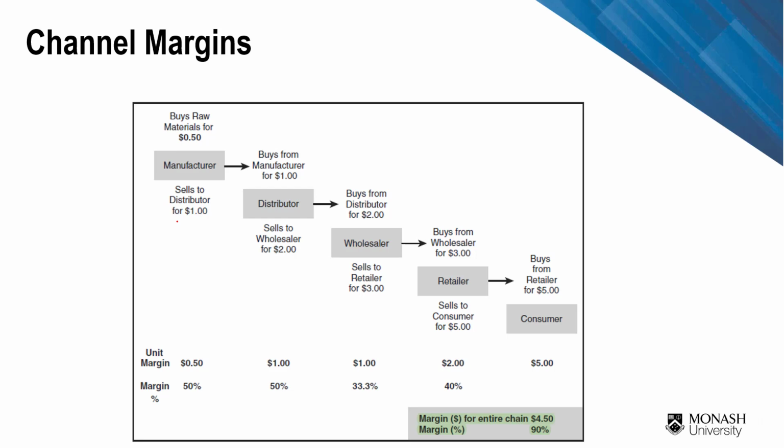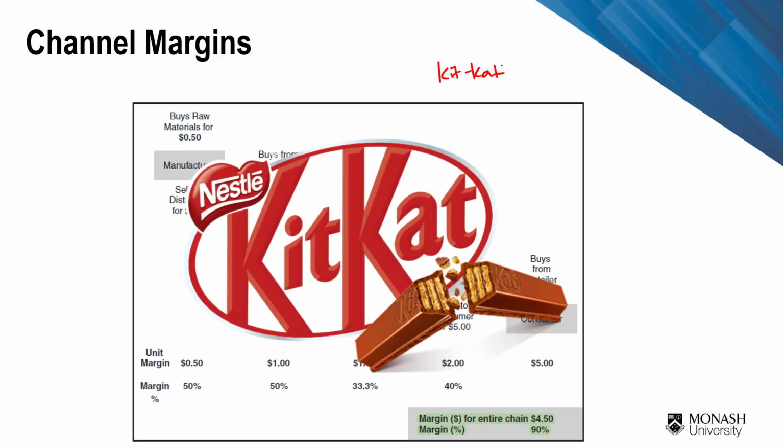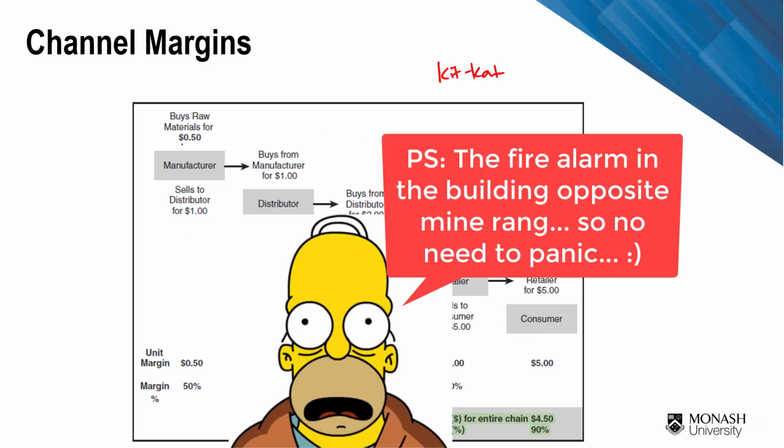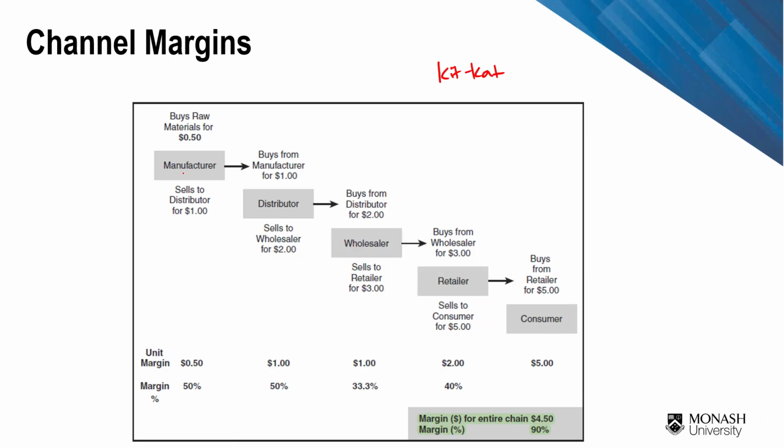Okay, so this is what channel margin is all about. Basically this is the journey of how a product gets to your normal retailers, like for example Coles and Woolies for groceries. Let's talk about Kit Kat. First of all, the manufacturer of Kit Kat is Nestle. Nestle are going to produce the Kit Kat. They buy raw materials from, let's say, Africa. They buy all the cacao and put that into chocolate and make it into a Kit Kat bar.